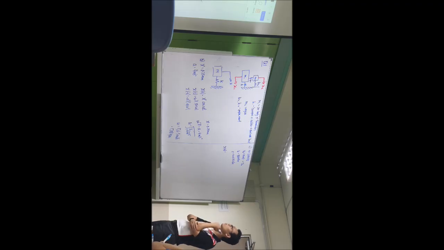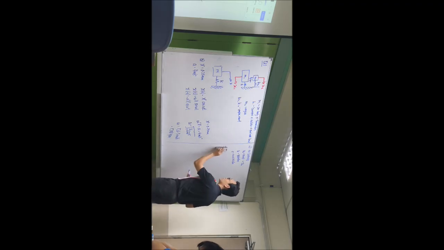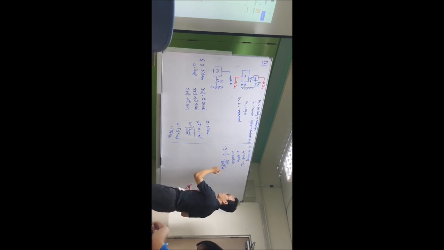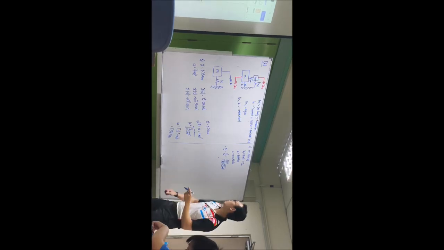Okay, so what should we consider? You find the value of zeta. Yes, correct. Then zeta equals C over Cc, where Cc is 2 square root of KM. I think it is definitely very small, so definitely it will be underdamped.